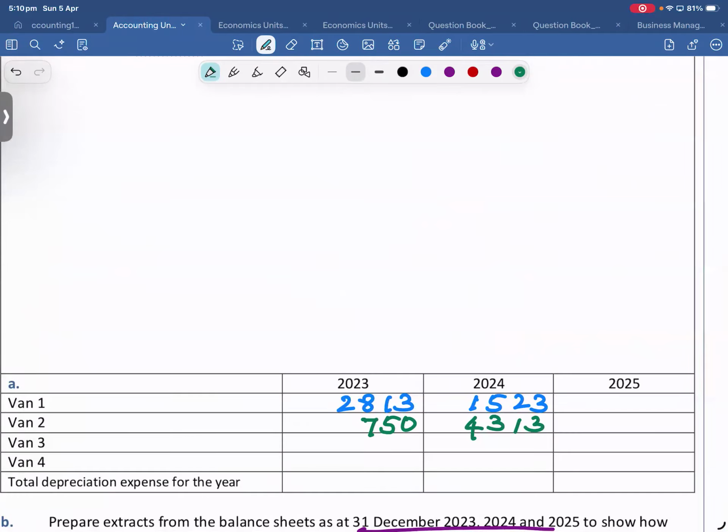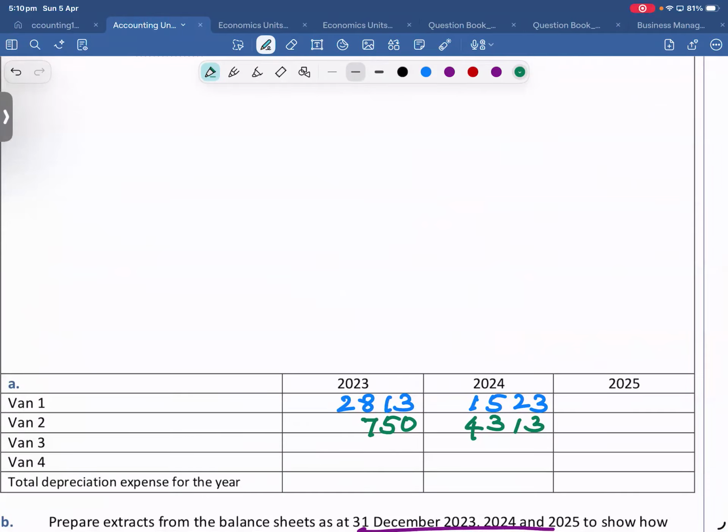Then can we include it in the balance sheet for 24? Yes. This is van 2, okay? This one also van 2, which is cost is going to be 18,000. Next one is 25.